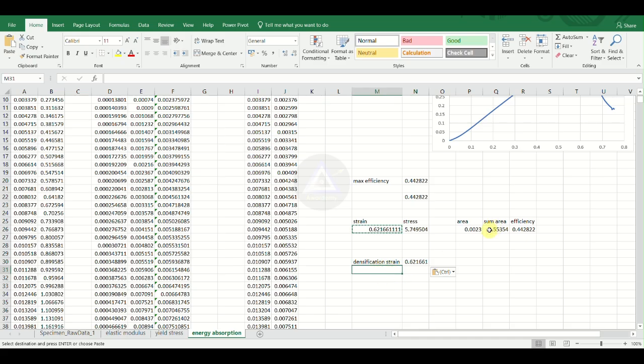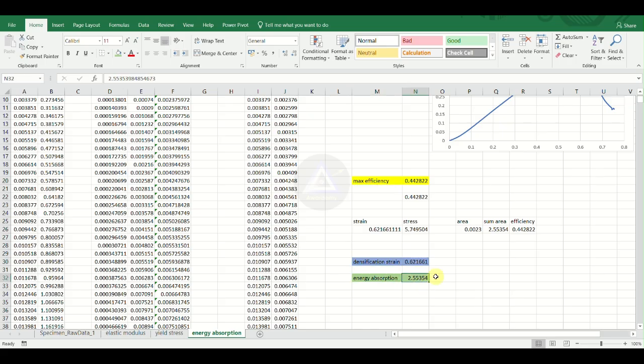Next is energy absorption. The sum of the area is our energy absorption. Just paste it here. And maximum efficiency, as we know. So finally, we have measured the maximum efficiency, densification strain and energy absorption.